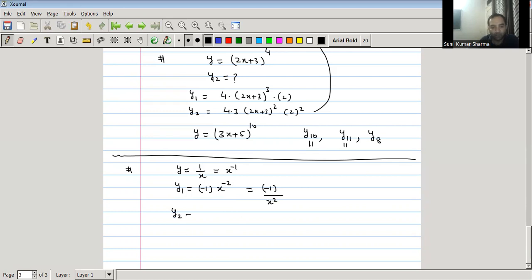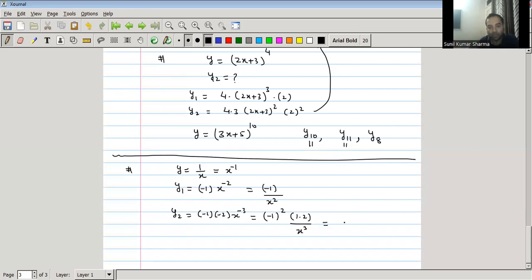What is y2? For y2, you differentiate this. Minus 1 into minus 2 into x to the power minus 3. So I can write this as (minus 1) square into 1 into 2 upon x power 3.